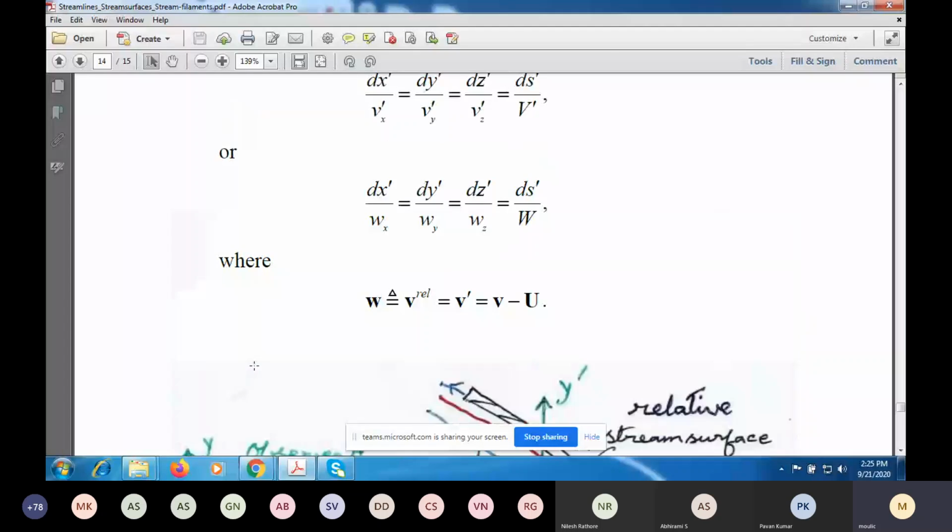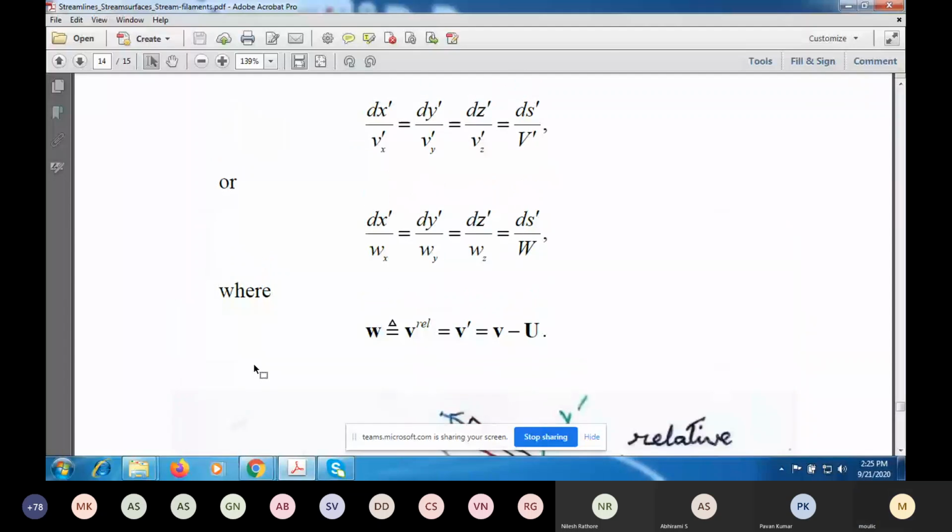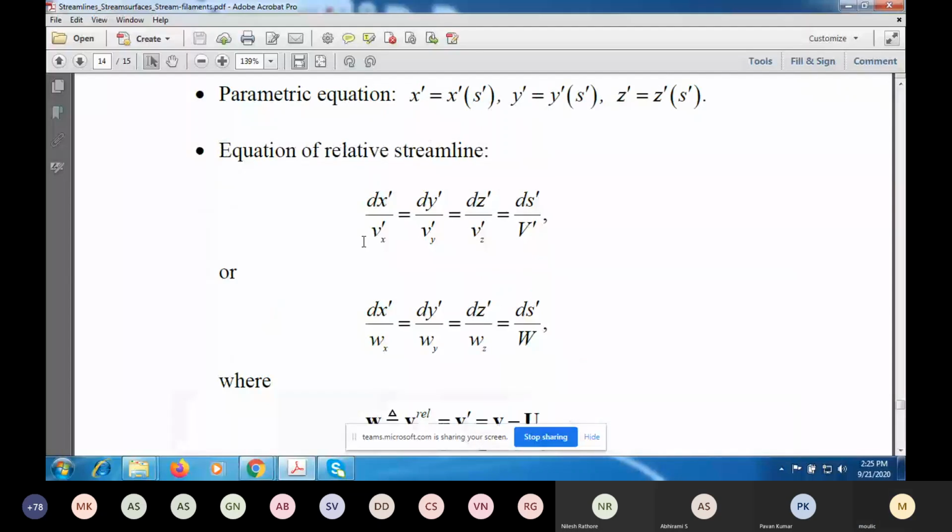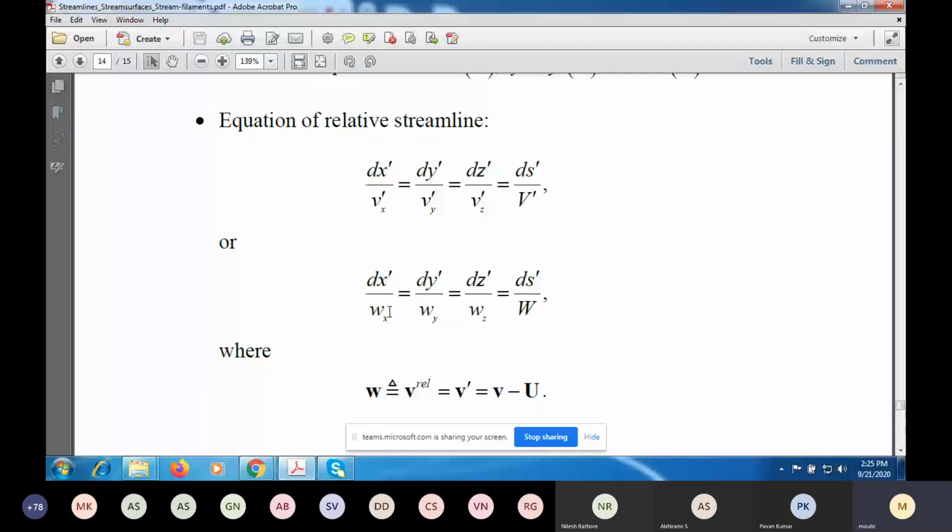So in this notation then, the equation of a relative streamline you can write as dx prime by wx equal to dy prime by wy equal to dz prime divided by wz equal to ds prime by capital W, where capital W is the magnitude of the relative velocity, and ds prime is an increment in the arc length in the moving frame.